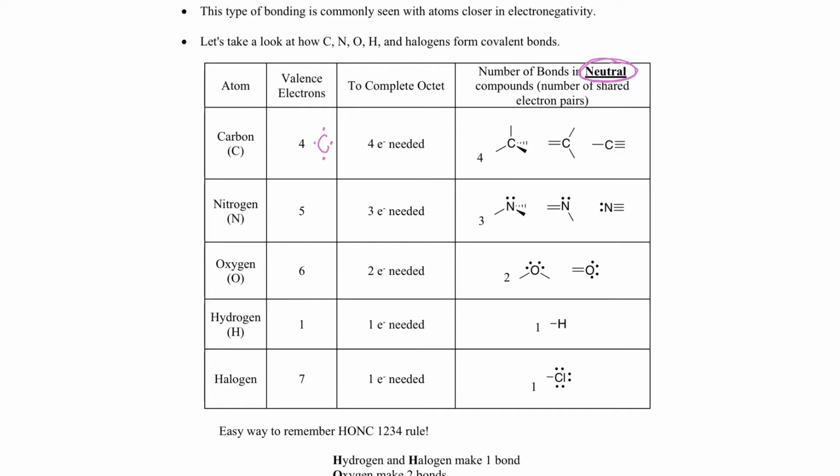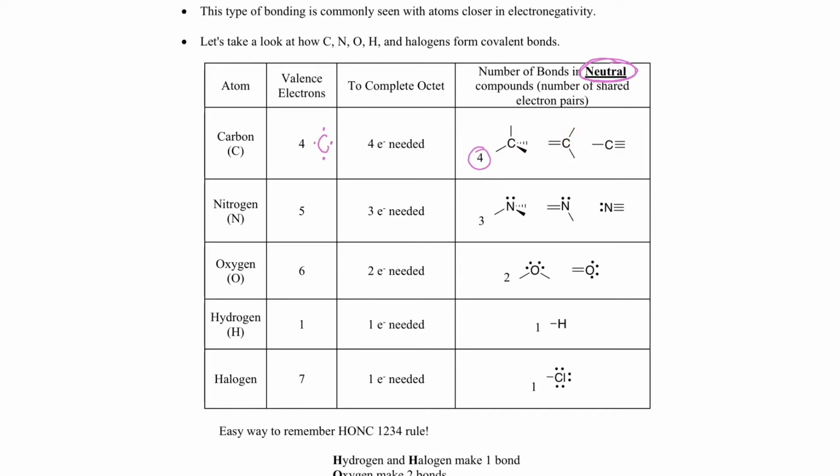I'm going to circle this number 4, and these 4 bonds can come in the form of all single bonds, or we can throw in 1 double bond or 1 triple bond. So all of that would give us carbon with octet.